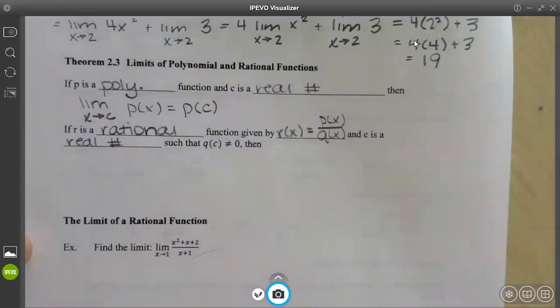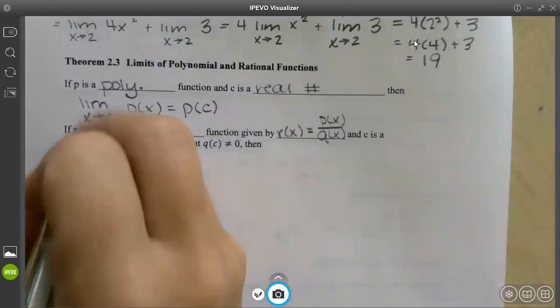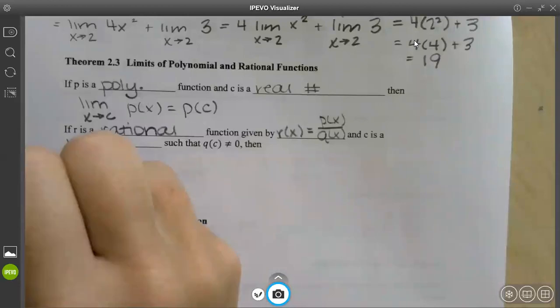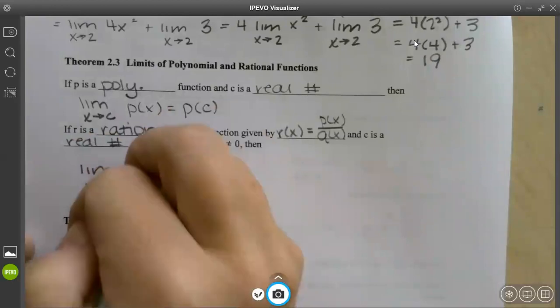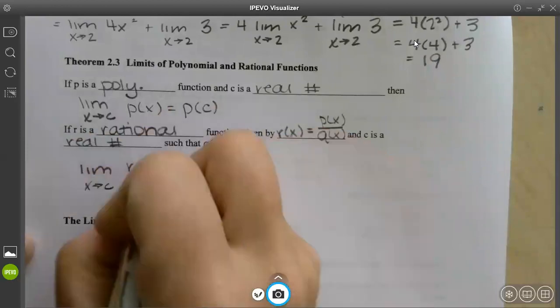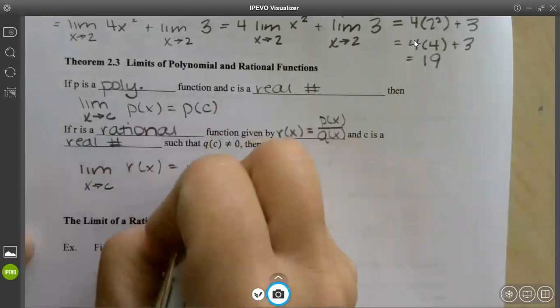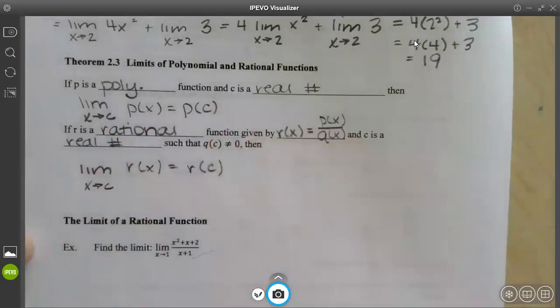Remember, we can't divide by 0. Then the limit as x approaches C of R of x equals R of C.